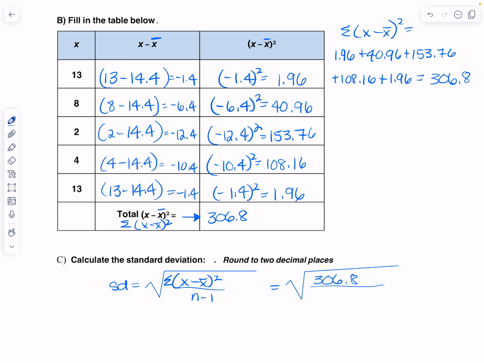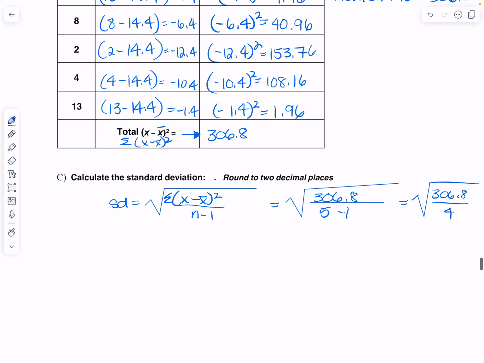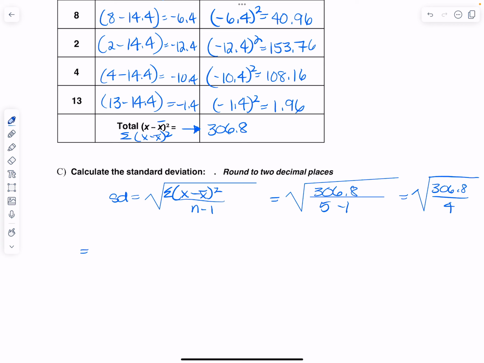Now we're going to divide that by n minus 1. So n is 5, minus 1 is 4. So now we get 306.8 divided by 4. So I'm going to do that. And that equals the square root of 76.7. So the last thing I have to do is take the square root of that.